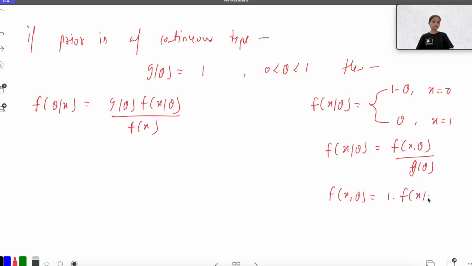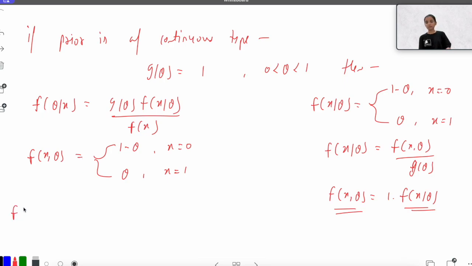So basically the joint is equal to the conditional, because my prior distribution is just the continuous distribution taking the value 1, so they come out to be the same. From here we can say that f of x comma theta is equal to 1 minus theta for x equals 0 and theta for x equal to 1.